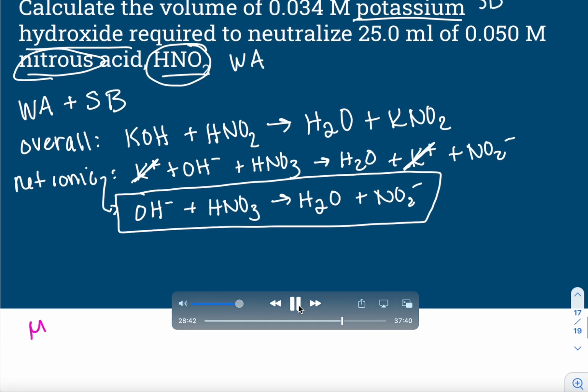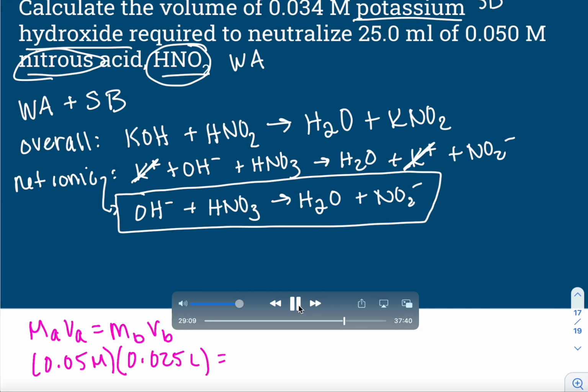So here we'll do the same deal. We have 0.05 for our molarity of our acid. We have 25 mL of it. Oh, sorry, that's liters.